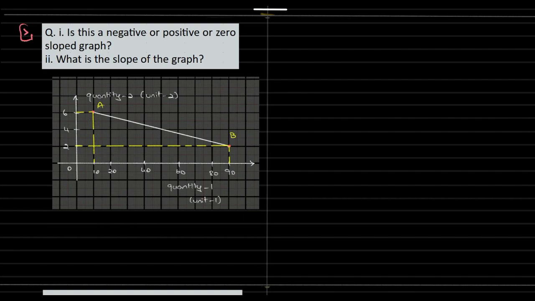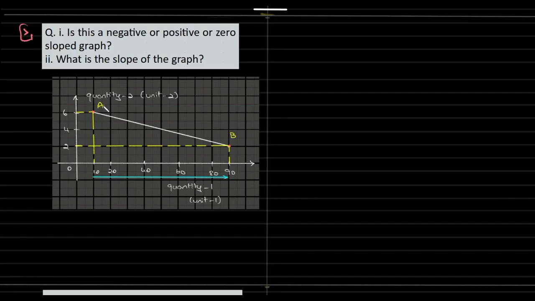Okay, now to analyze a slope, we need to look at the amount of change along the x-axis. So it changed from 10 to 90. That is, we are moving from A to B, remember. And to analyze the change along the y-axis, the same thing should be done.